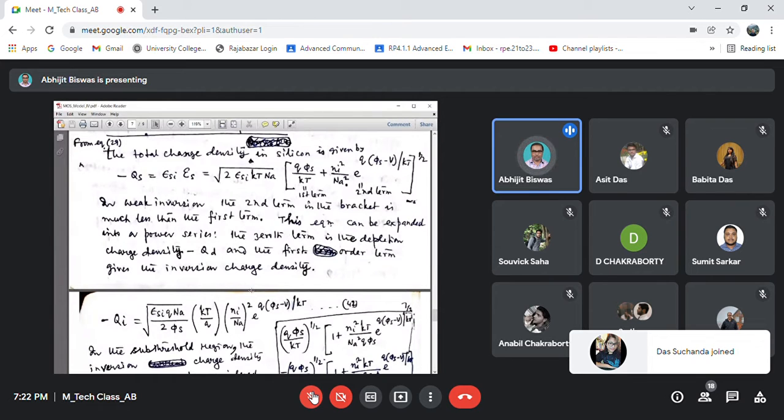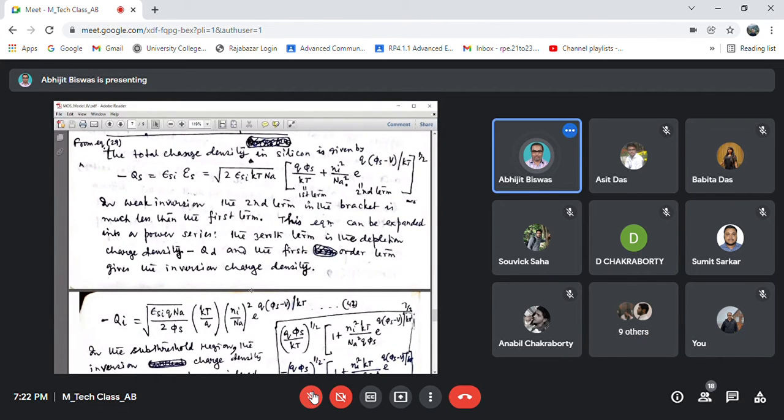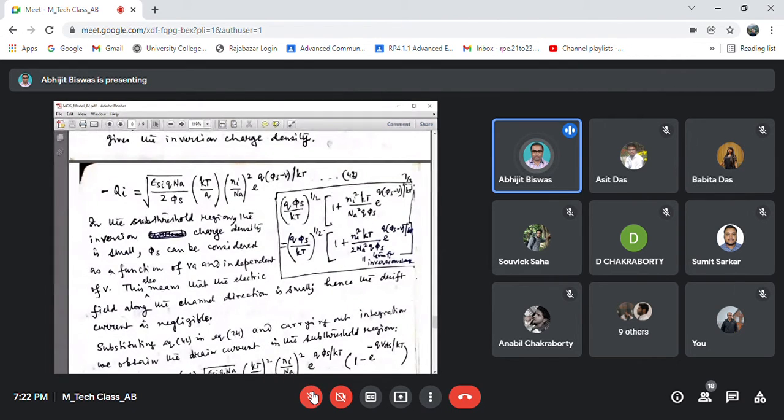You know that the depletion charge density consists of ionized acceptors. The first order term gives you the inversion charge density. After a little bit of algebraic calculation, you can arrive at this equation number 42. So minus Qi is the inversion charge density.